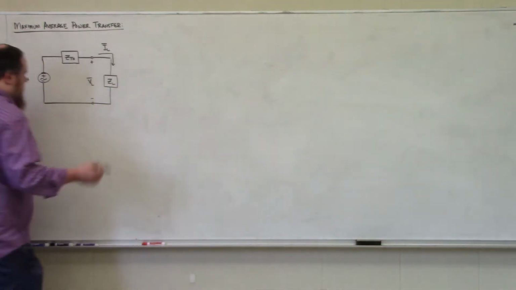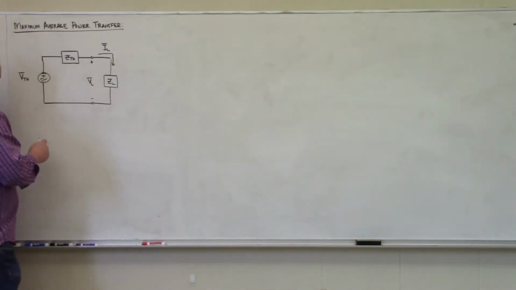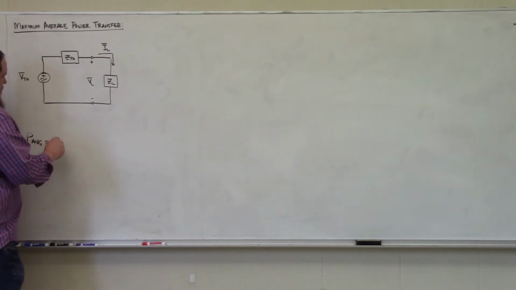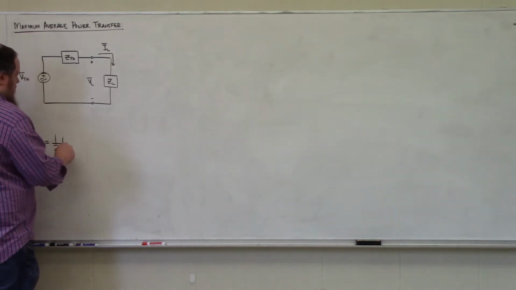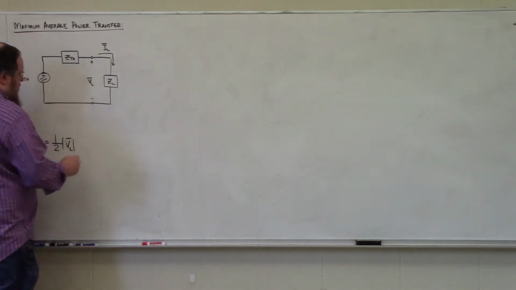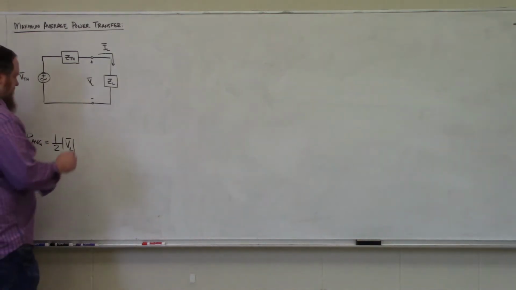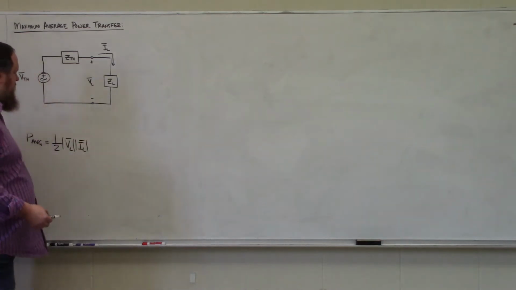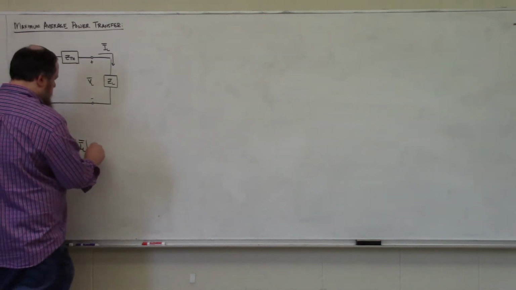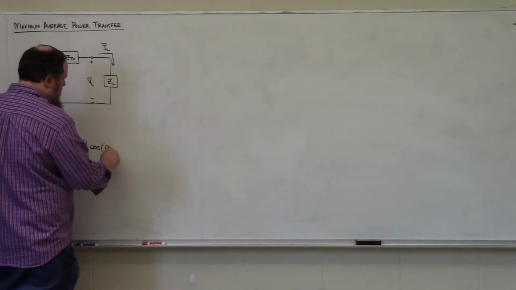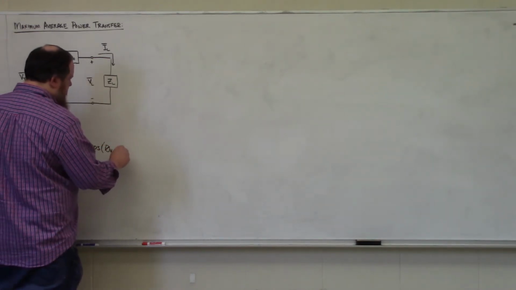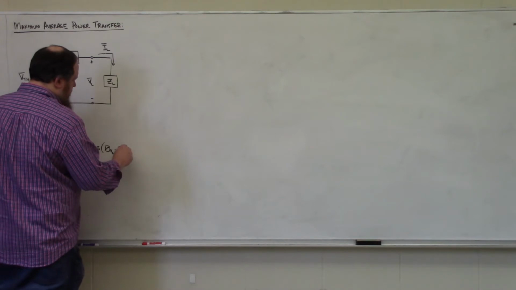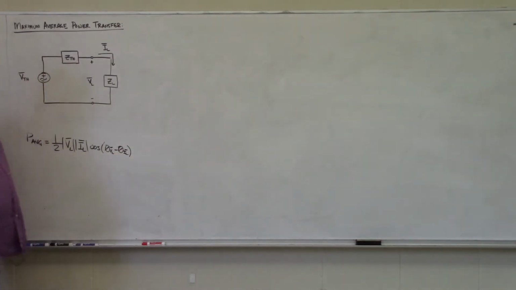Now, in our previous lecture, we found that the average power delivered to a generic circuit element was 1/2 the magnitude of the phasor voltage over that element times the magnitude of the phasor current through that element times cosine of the angle of the voltage minus the angle of the current.